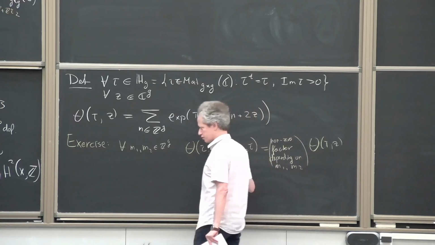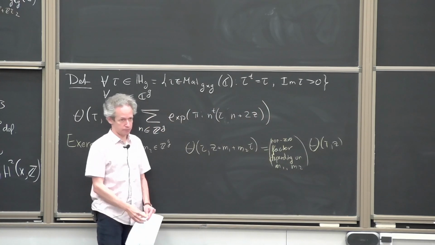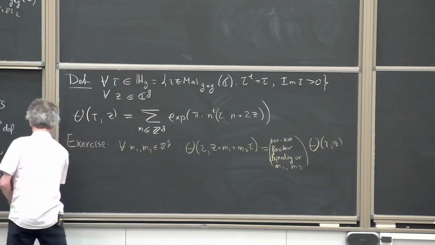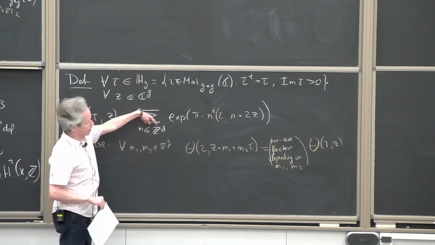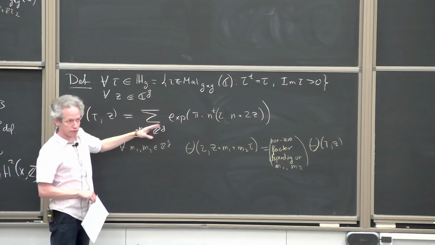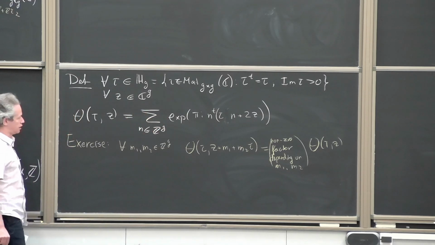Part of the exercise is to write this factor explicitly. Okay? This is reasonably easy to check. You basically just need to rearrange the summation so that it goes differently. Okay? I'm not going to go into this. This is an easy exercise.